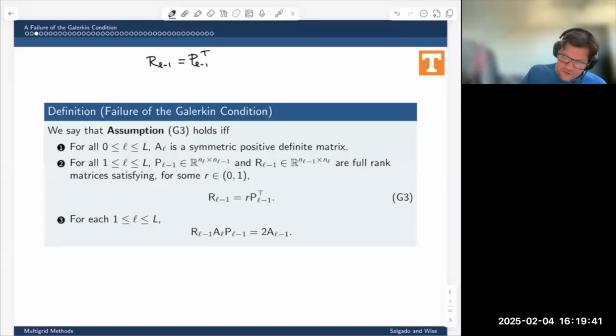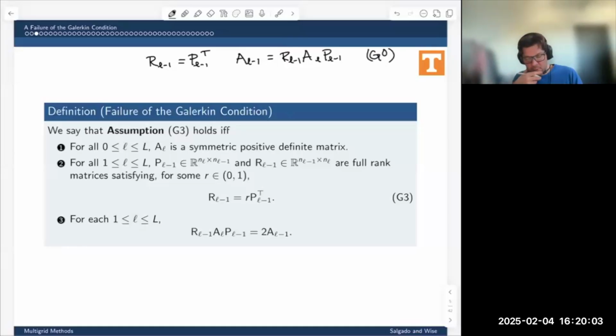And then the coarse grid stiffness matrix should satisfy the RAP condition, R_{L-1} A_L P_{L-1}, the strong Galerkin condition, also called the RAP condition. This is what we call G0, the strong Galerkin condition, the bedrock of a lot of what we did. Now we're going to break the Galerkin condition.